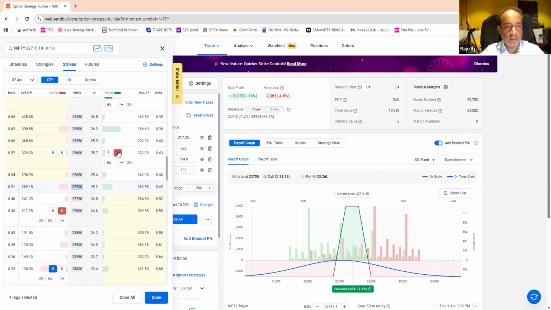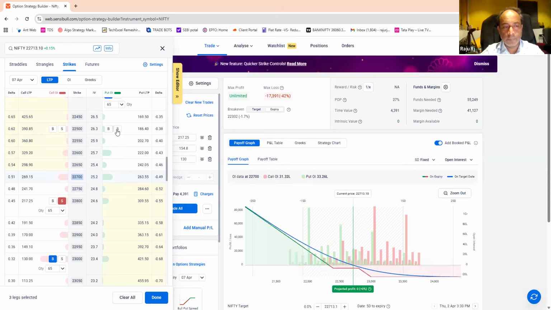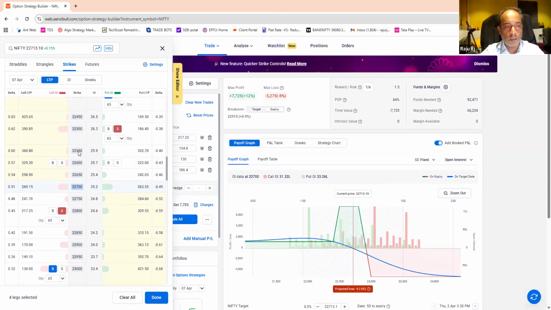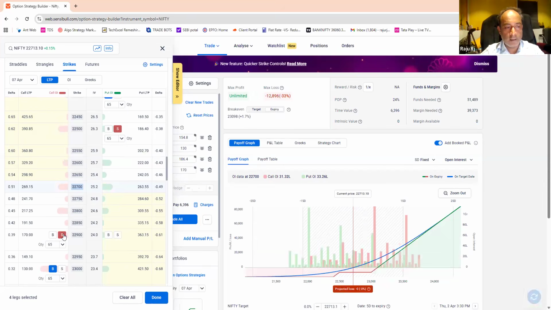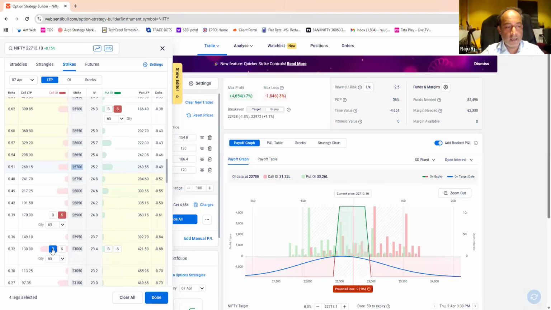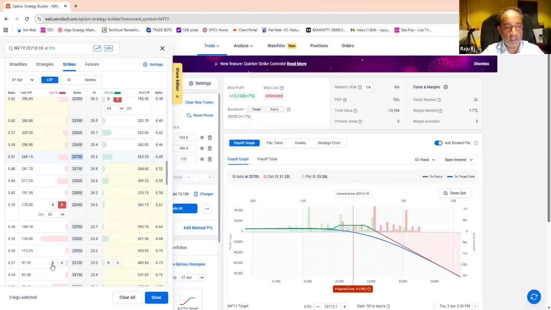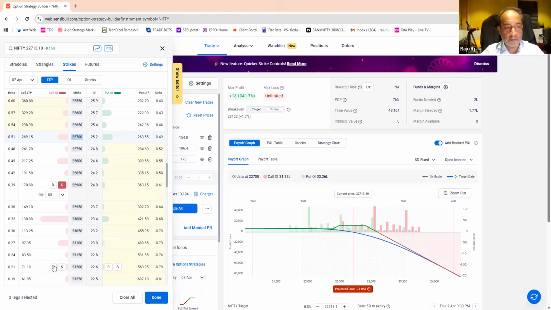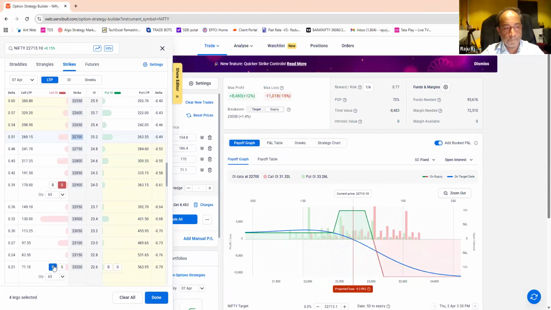If you want to reduce the risk further or increase this range, you can sell still further OTM, like OTM 2. Likewise, you can create different kinds of iron condor. It's all about where you actually buy.